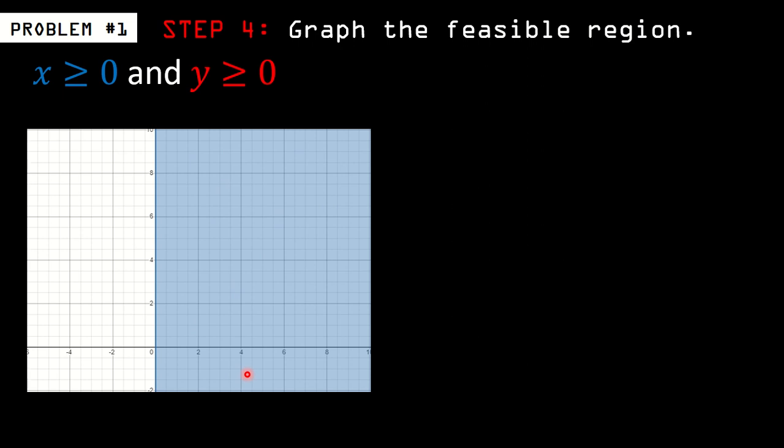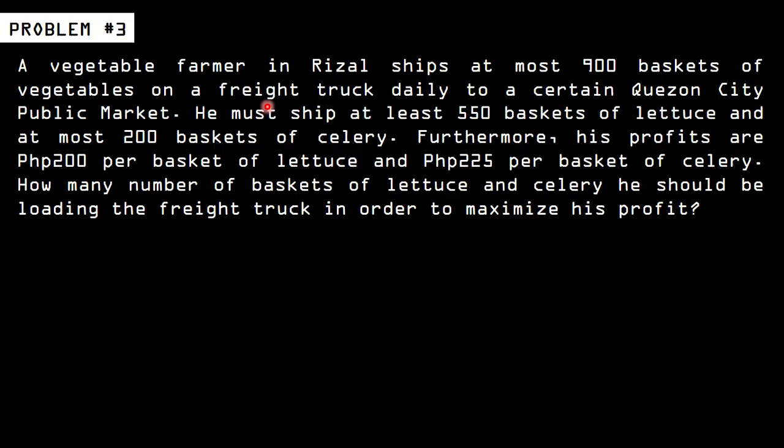And then for y greater than or equal to 0, the values of y that are greater than or equal to 0, so that is positive also, are in quadrant 1 and quadrant 2.